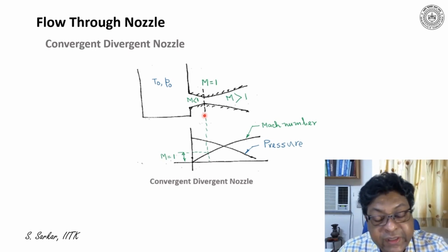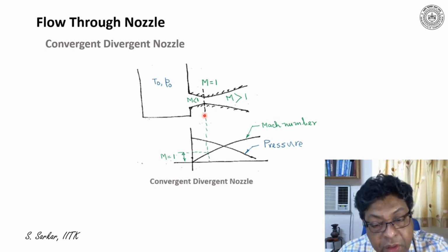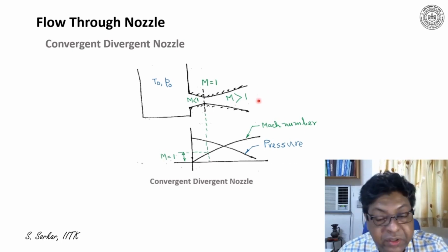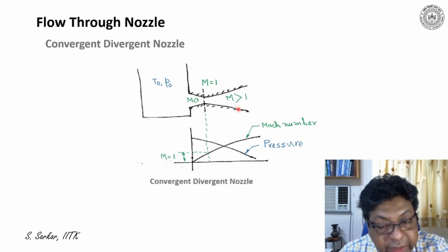Now once this condition is reached, if we decrease the exit pressure further, the discharge would not increase in the nozzle.